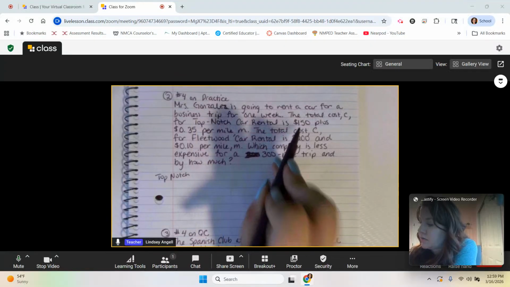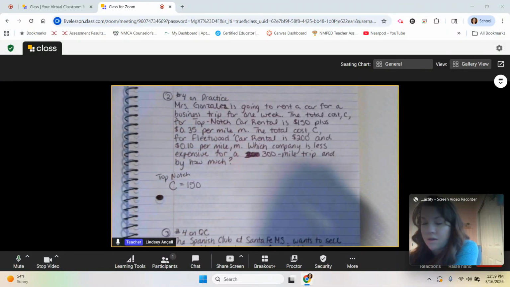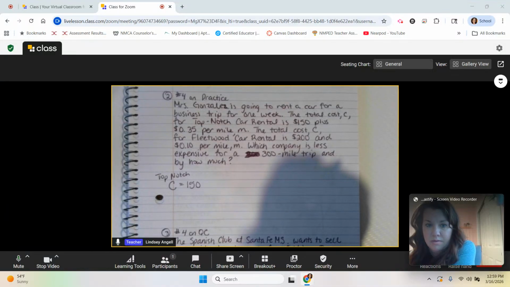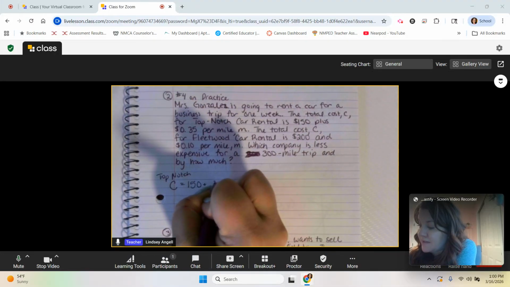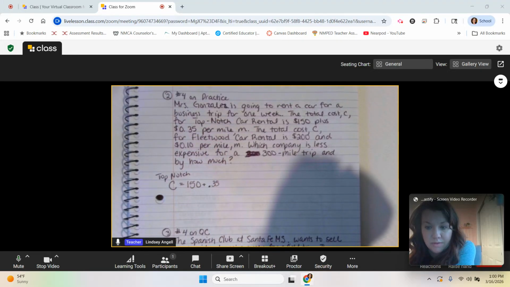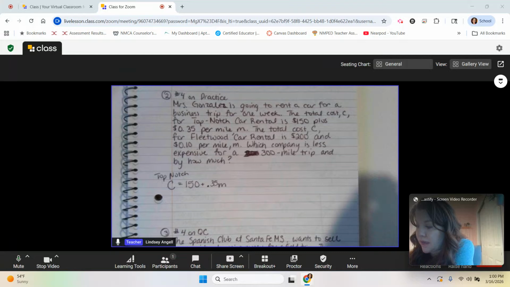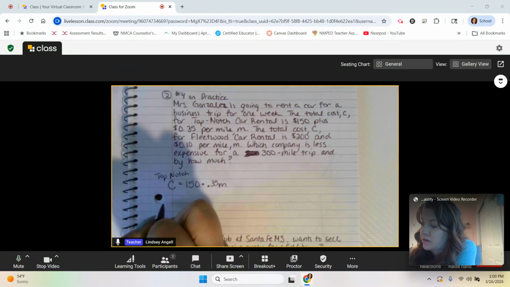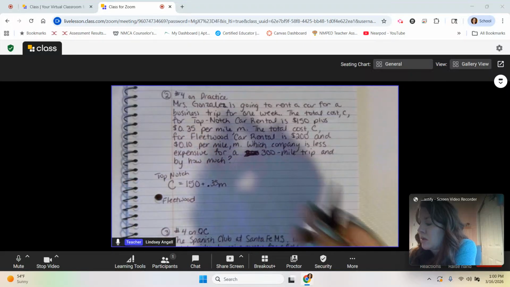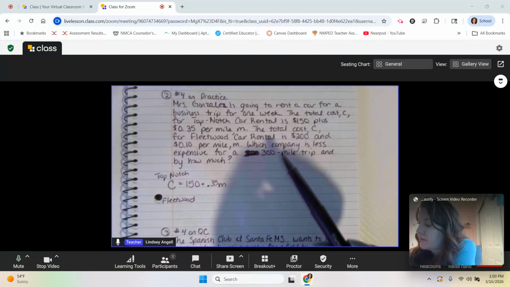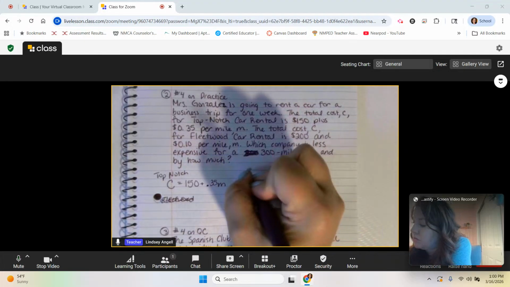Okay, so the total cost, C, is equal to a flat $150 right off the bat, plus 35 cents, which we'll write as 0.35, per mile, M. Okay, and then for, what was the other one, Fleetwood? We've got $200, and actually maybe I'll write it over here.